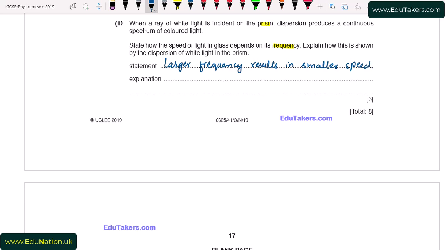And the explanation for this is that violet light has more frequency, hence more refraction, whereas the red light has the least.